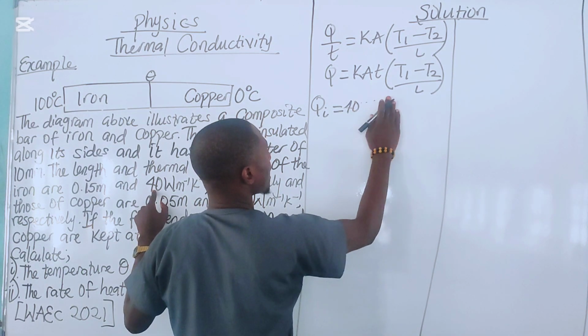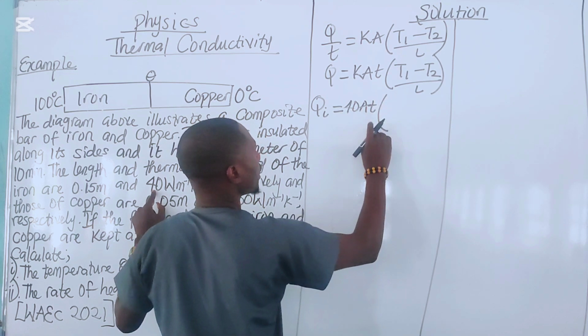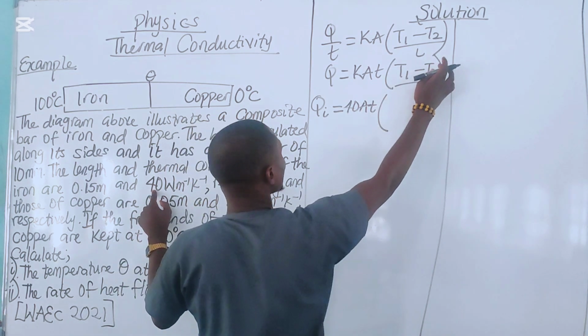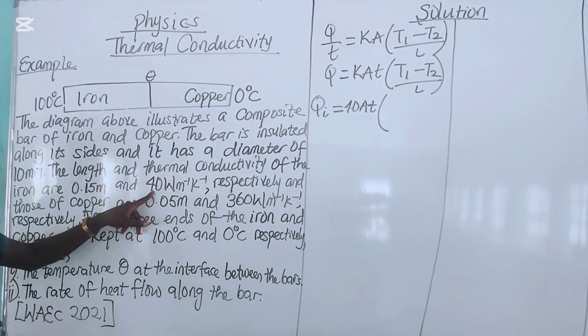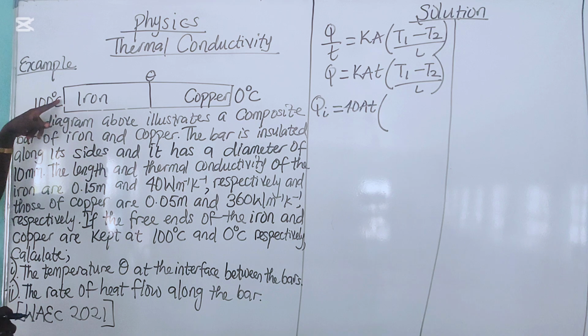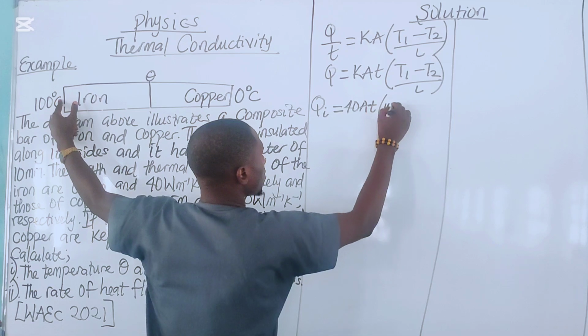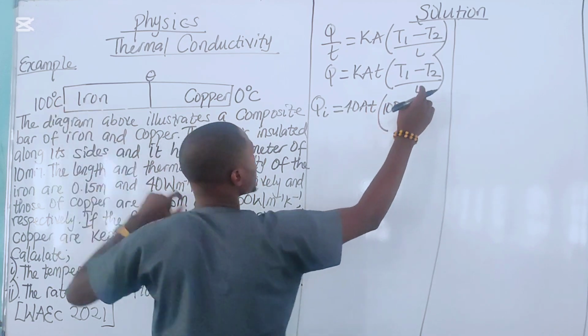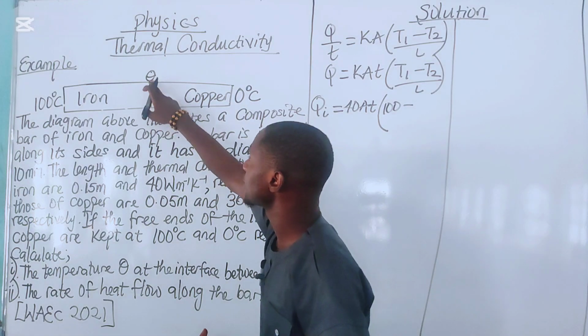So I can write it as 40 AT, now into T1 minus T2. T1 is the initial temperature of the iron. The first end of the iron is kept at a temperature of 100 degrees Celsius, so that makes it 100. Now minus T2, which is the temperature at this interface.